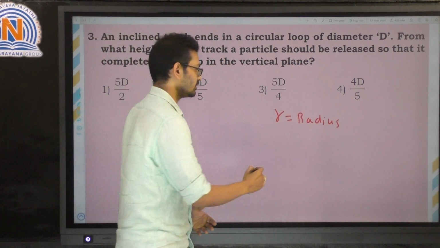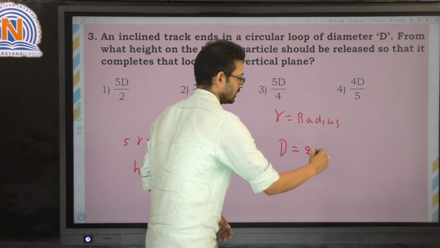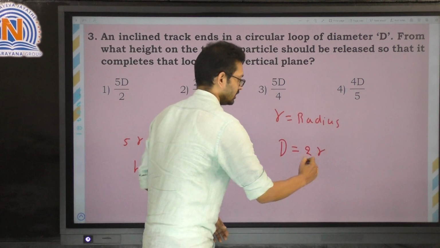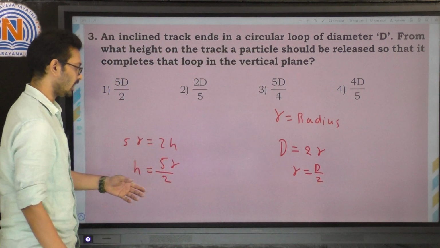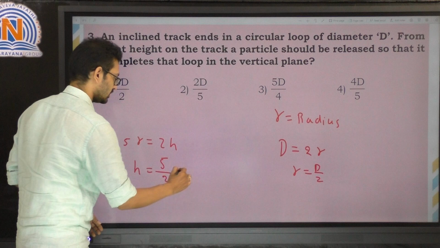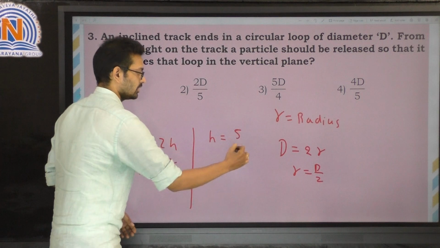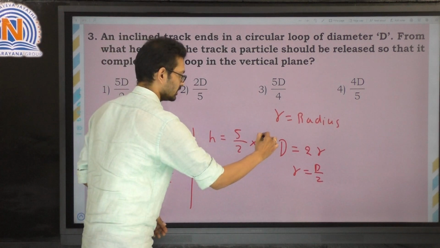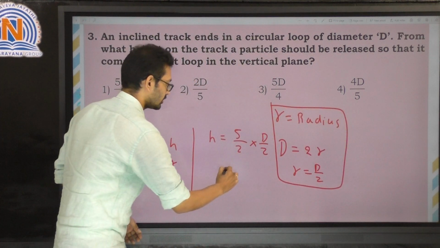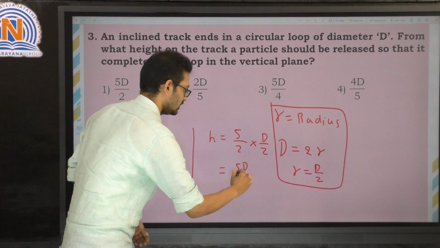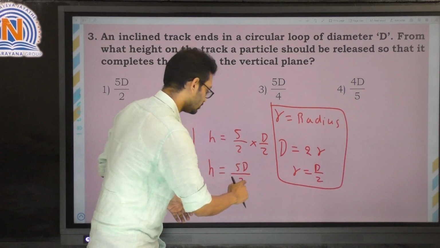Now in terms of diameter, the diameter is nothing but 2r, so I can write r equals d by 2. In the next step, h is equal to 5 by 2 into d by 2, so I am left with 5d by 4, since 2 into 2 is 4.